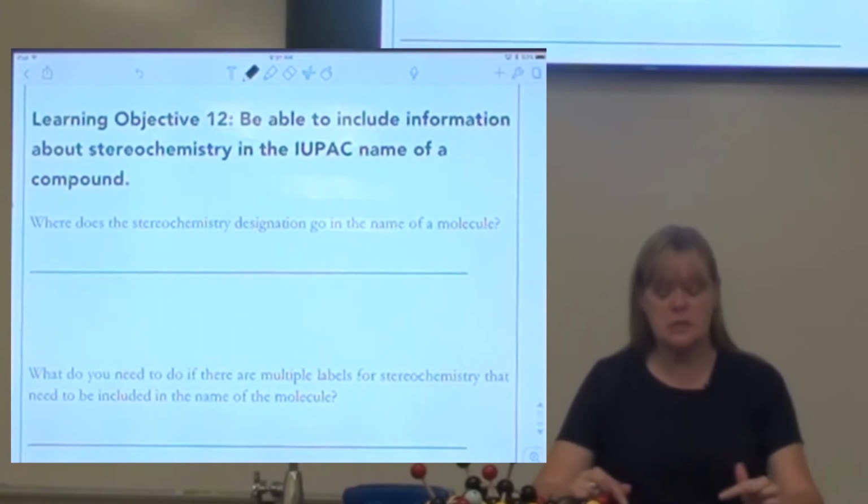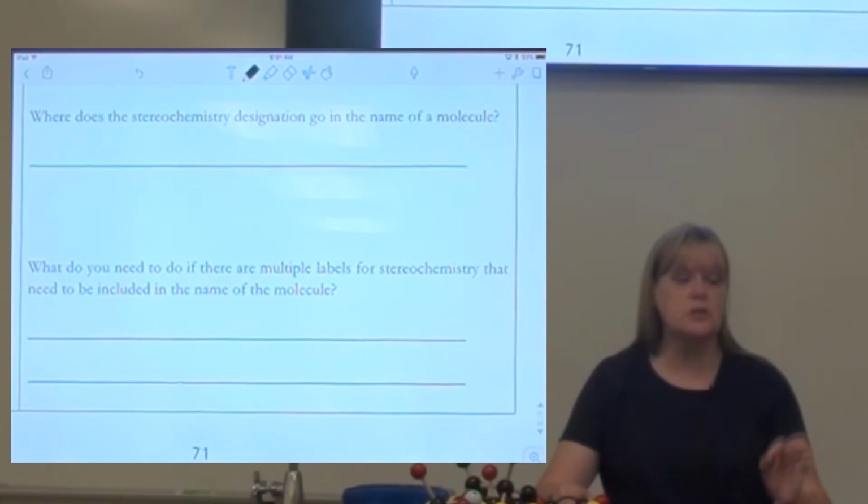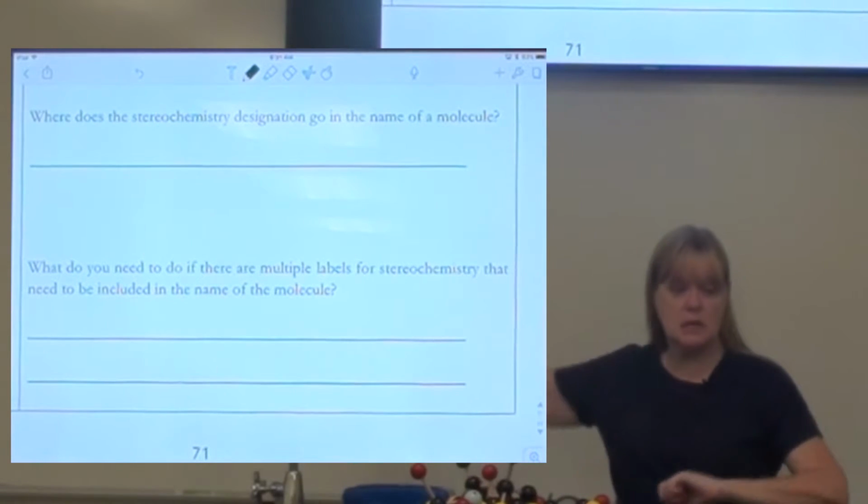So first off is how do you include the information about stereochemistry? You put the stereochemistry designation at the very beginning of the name.